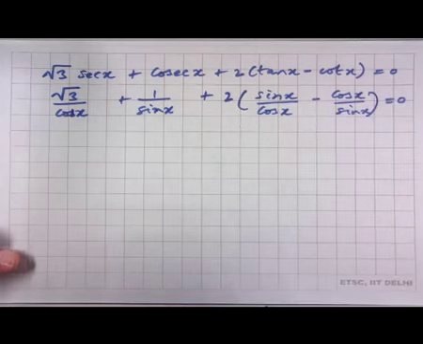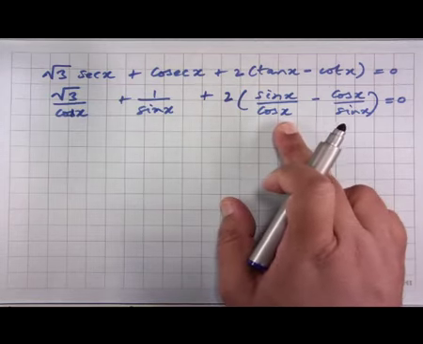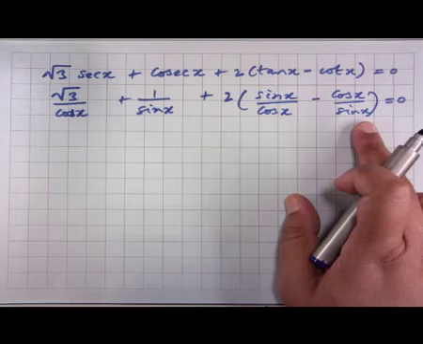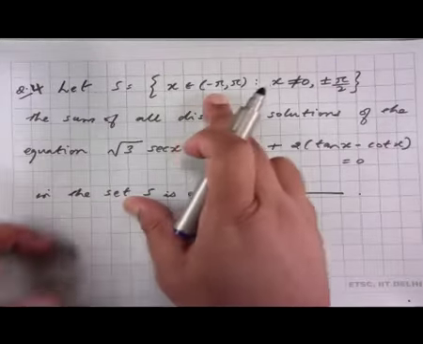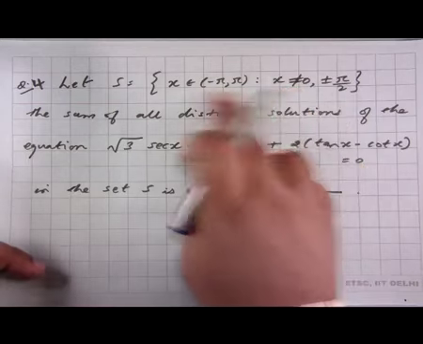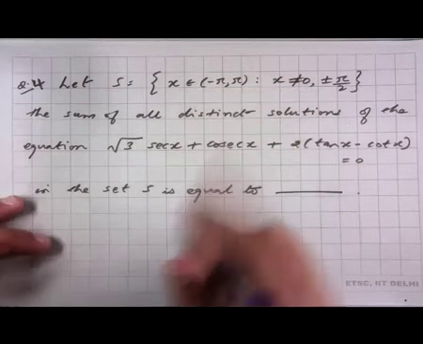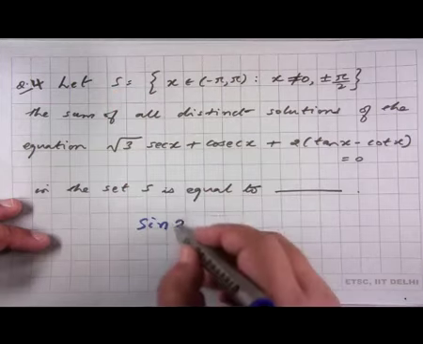Now, since it was mentioned that x cannot be plus minus pi by 2 and also not 0, and x can also not be equal to plus or minus pi, it is clear that for all x belonging to S, sin x is not equal to 0.